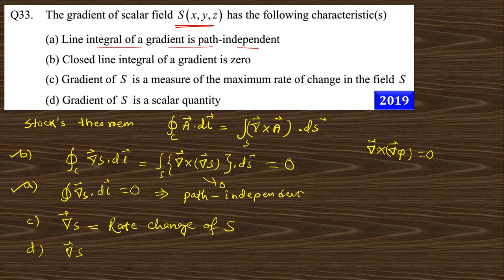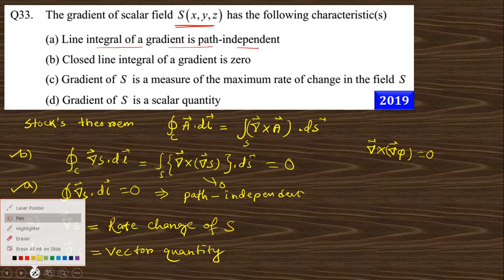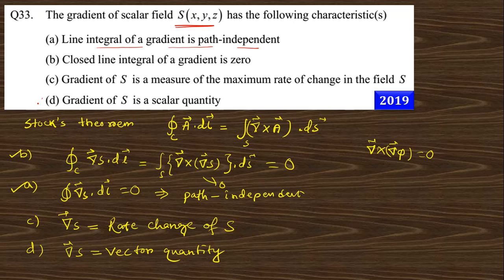You can see that grad S is a vector quantity, so option D is wrong. These three are the answer. So our answer is A, B and C. This is a multiple answer question.